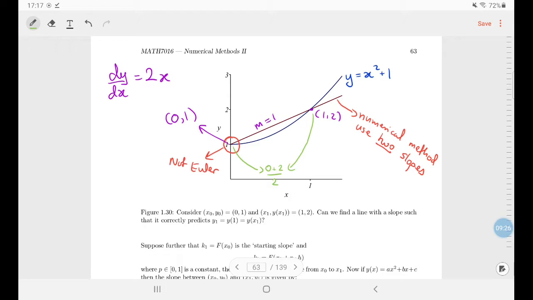The other alternative that we can mention at this point is to cut it down the middle. So just take the midpoint, x equal to half. Now this is only using one slope, but using one slope twice, is the way I'd explain it.